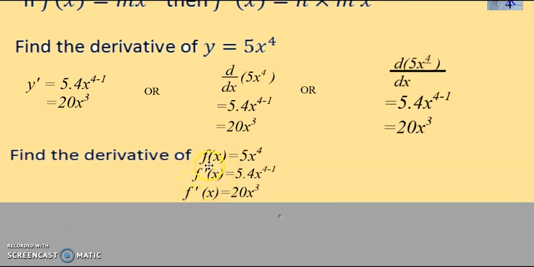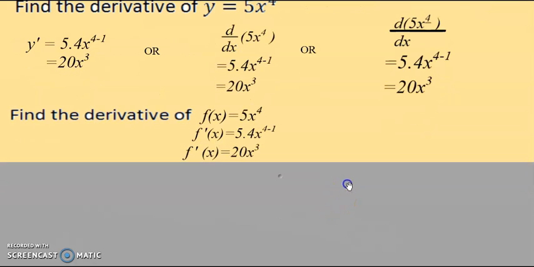F prime of x is equal to 5 multiplied by 4 x to the power of 4 minus 1. My answer is still the same, but the notation is different. So depending on what they ask me, I will answer in accordance to how they present the question.